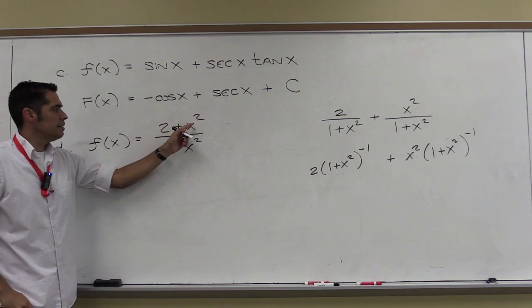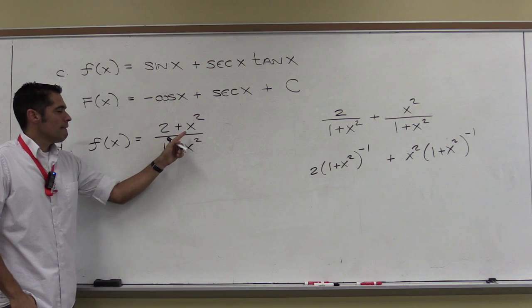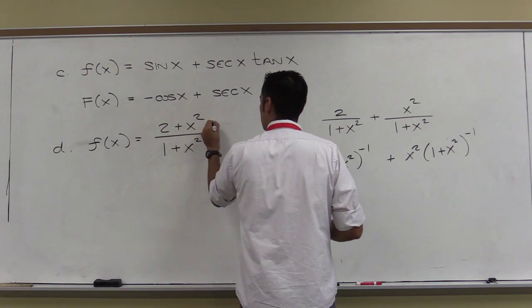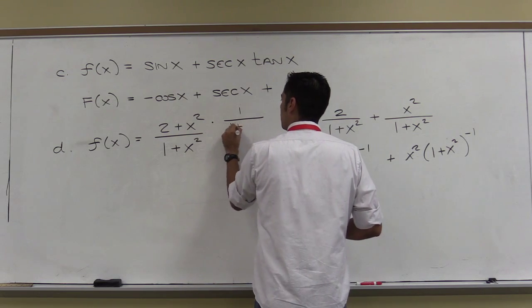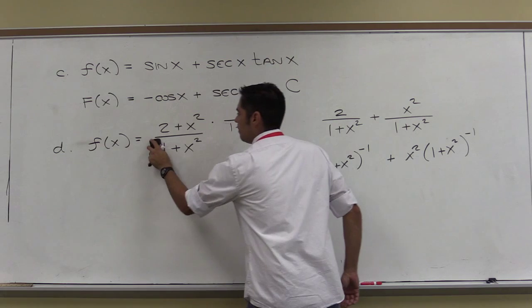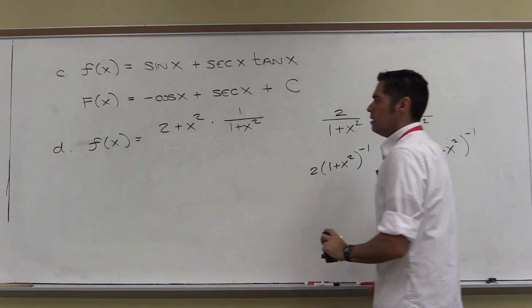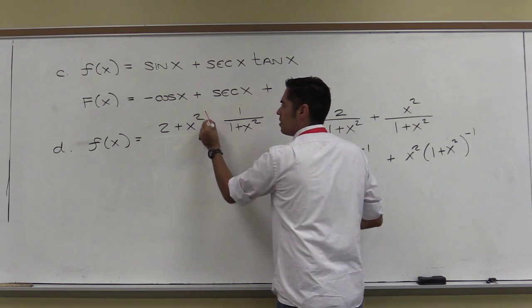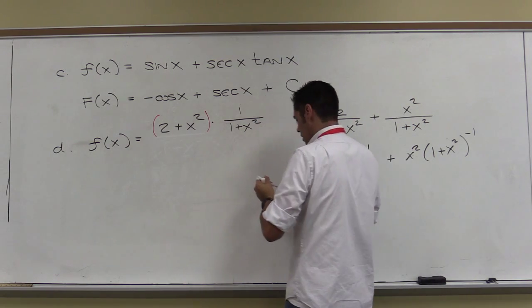Take this and times it by 1 over that, the denominator. Multiply this by 1 over this. Like rewrite it to look like this. Okay, so that would be the same expression, wouldn't it? Yeah? Does everyone agree with that? And I would probably need to put parentheses around this because that's that whole thing, right?